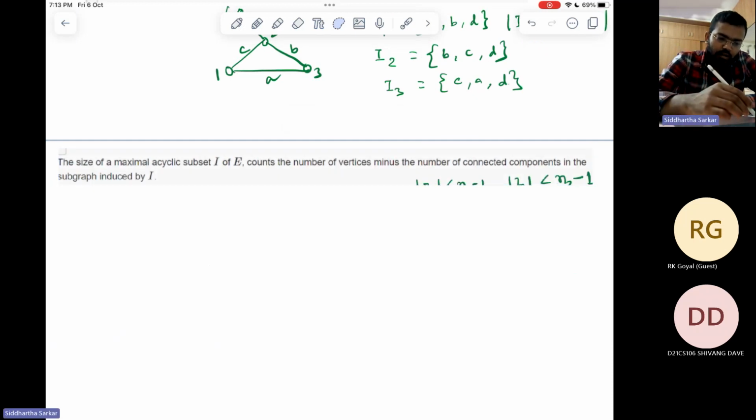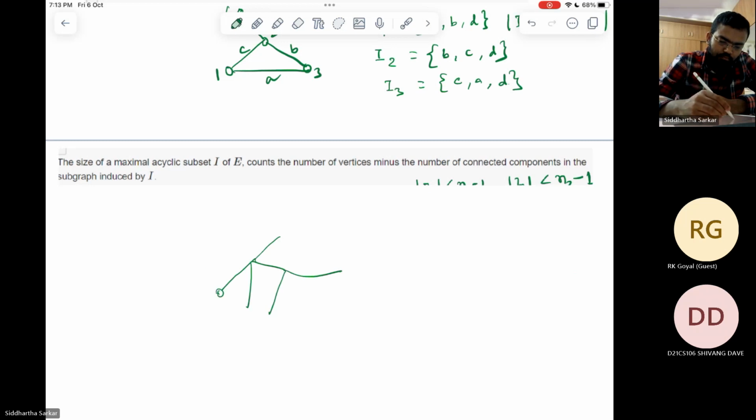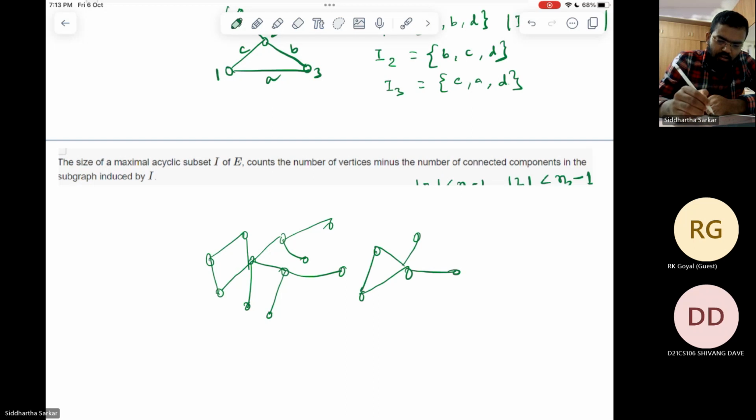So consider a graph. Maybe it has a couple of components. Let us say this is a graph.